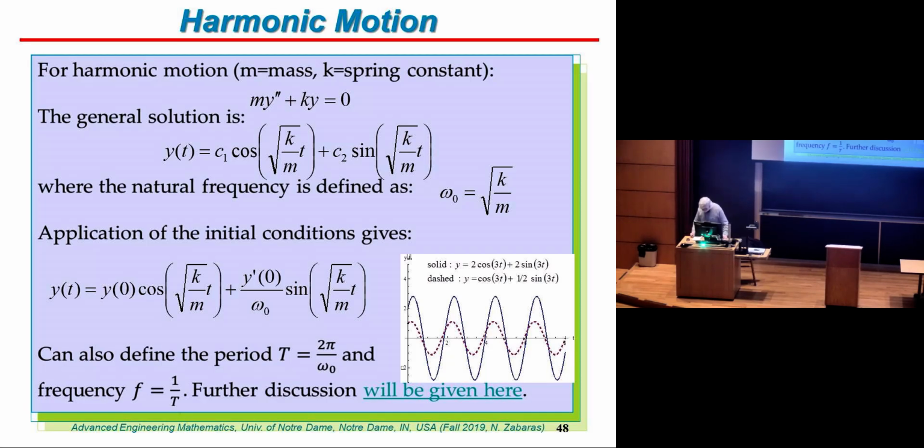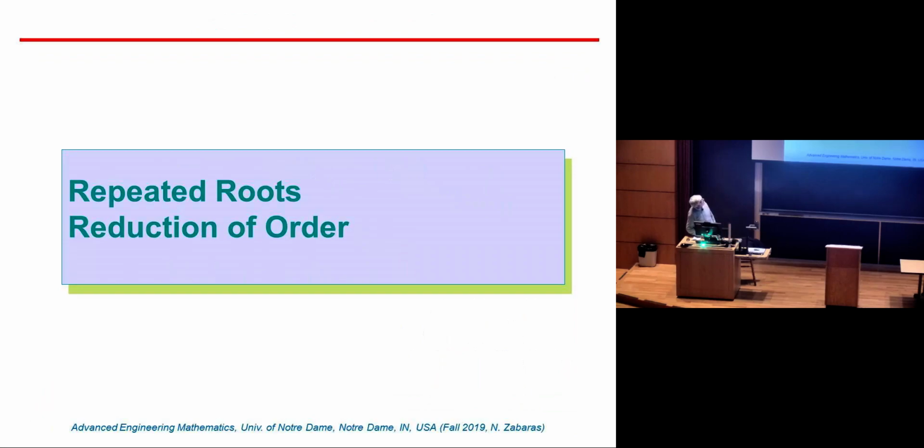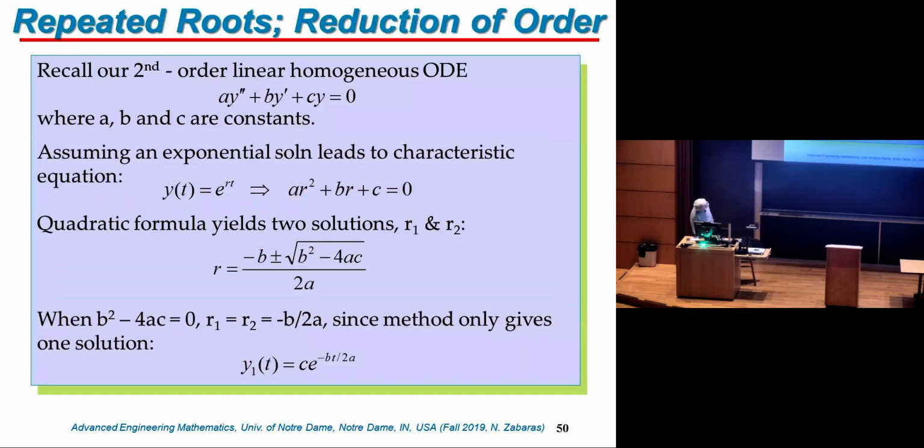Okay. So let me jump, I like jumping today, to slide 49 to discuss this concept of repeated roots, and the method that goes with the name reduction of order. So I'm going to go to slide 50.